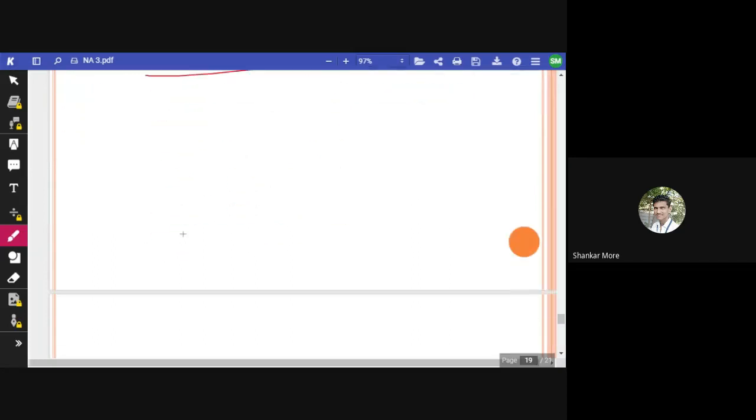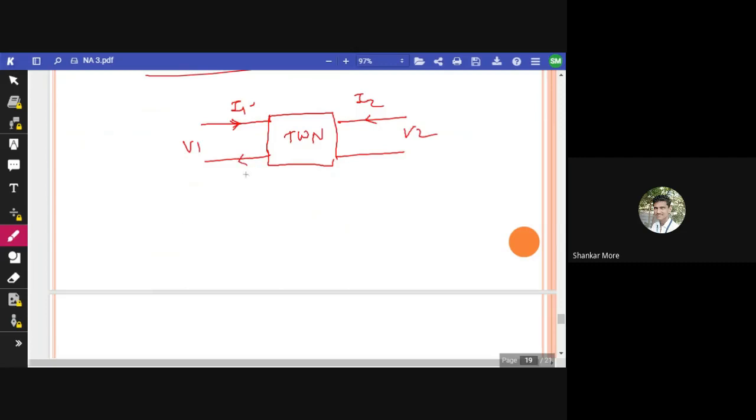See, if this is a two port network, and current I1 is flowing through this, current I2 is flowing through this, this is I1, this is I2, this is V1, this is V2. Now current I1 is going through this branch and coming back from this branch. I2 is going in this branch and coming back from this branch. All right, so this is our general network.